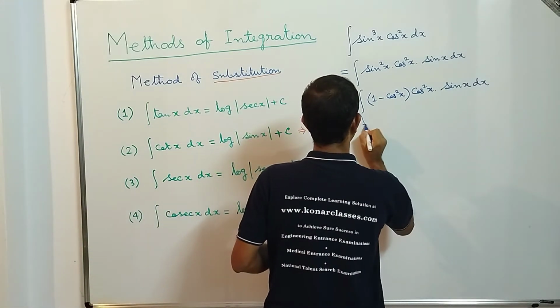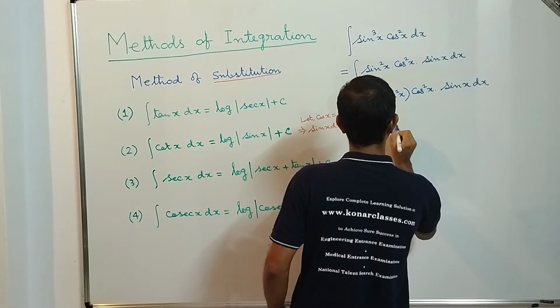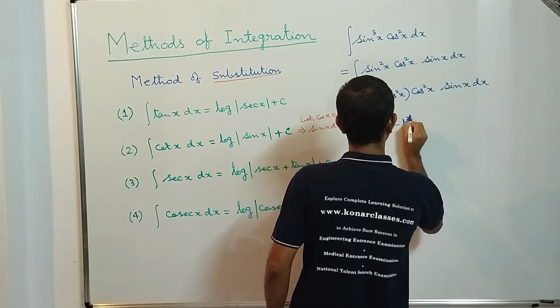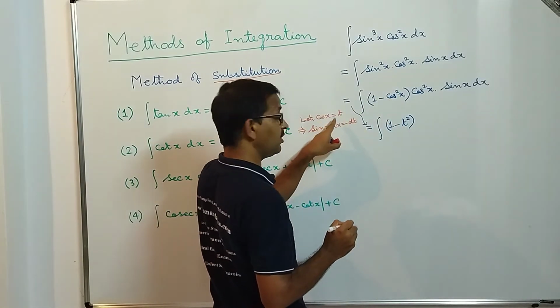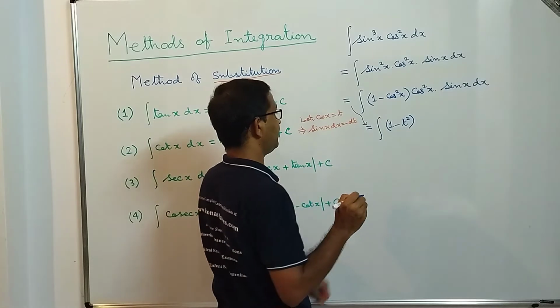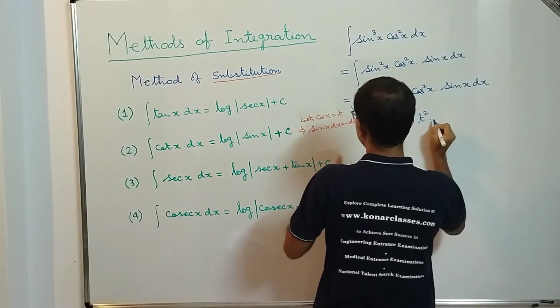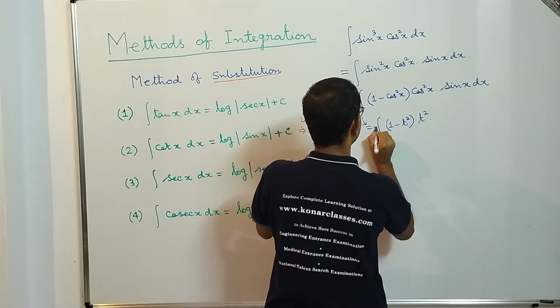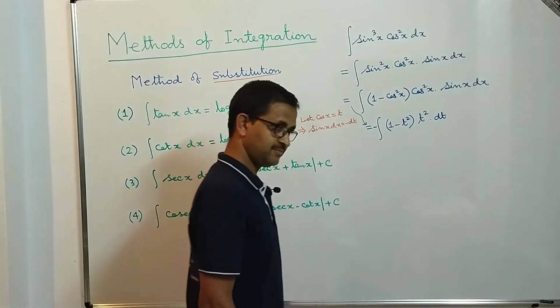So this is equal to the integration of 1 minus t square, because cos x equal to t, into cos square x, that is t square, into sin x dx, which is minus dt. So minus we took outside of this integration.